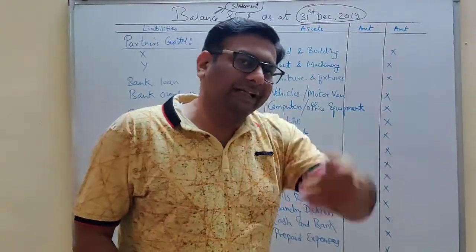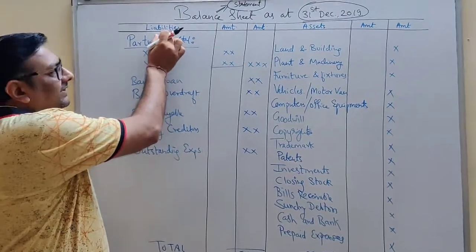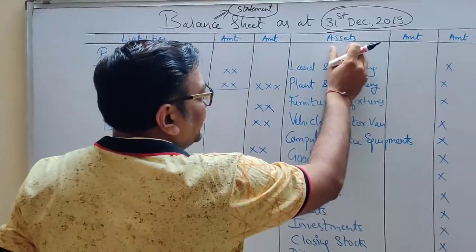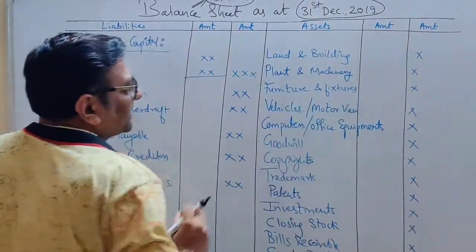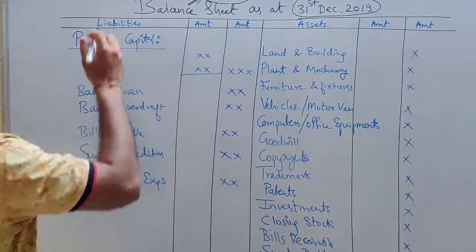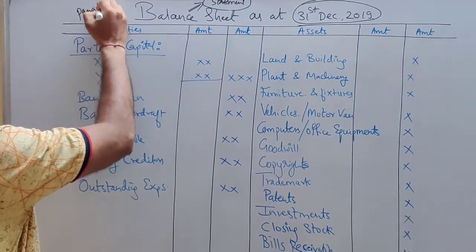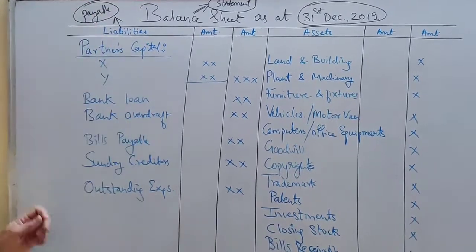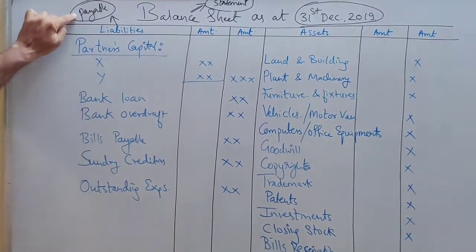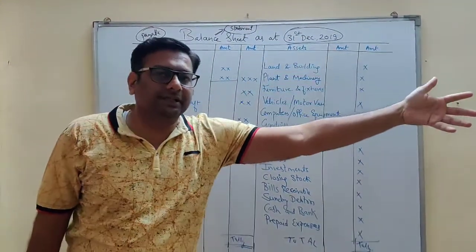Now, what we have to list down in this statement: on the left hand side, you will list your liabilities, and on the right hand side you will list your assets. Let's see first what you mean by liability. Liabilities means anything which is payable, payable to outsiders, to a third party.